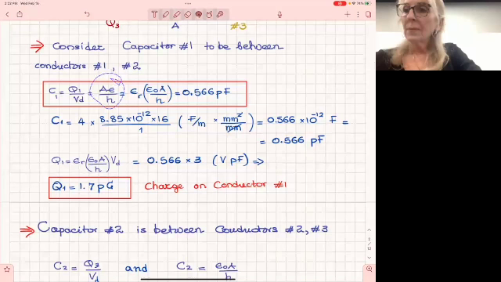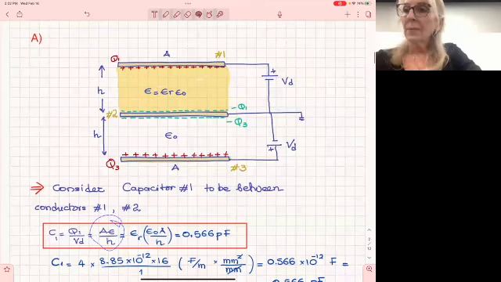All right. Now we go to conductor. This is the charge on conductor 1. Now we go to the space between conductor 2 and 3 down here. Same thing. I find the capacitance here, which depends on VD, on H, and epsilon R. These two capacitances will be different because here we have epsilon R, and therefore the capacitance is going to be what?